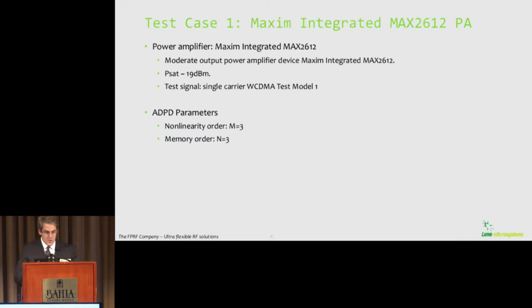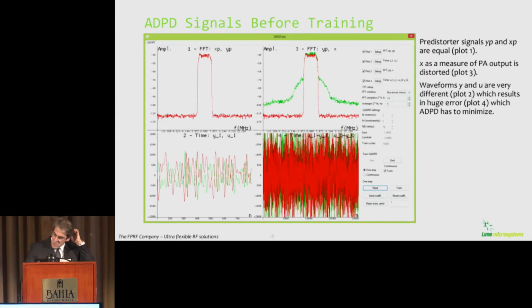Well, I will present you results from test case 1, moderate output power amplifier with saturated power 19 dBm, test signal WCDMA test model 1. So this is the screen capture from the Lime Suite software. These are the signals from the beginning, before the training algorithm has been done yet, and the predistortor signals are equal.